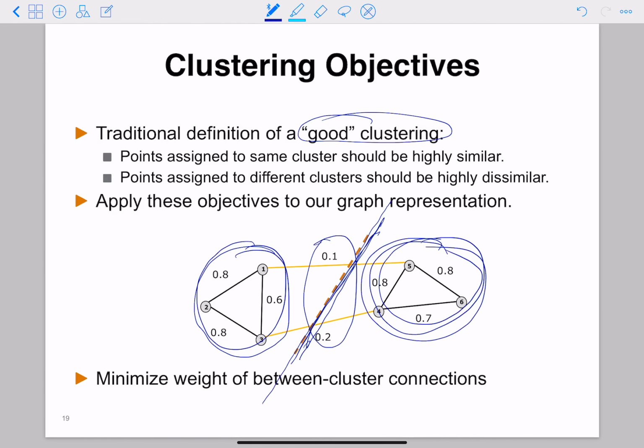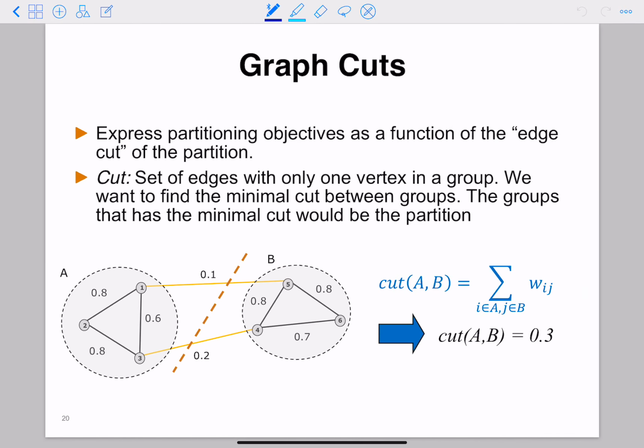So from this perspective of cutting our graphs to obtain multiple pieces, one potential criterion to think of in graph cut as a clustering algorithm is to consider the edges that are cut.